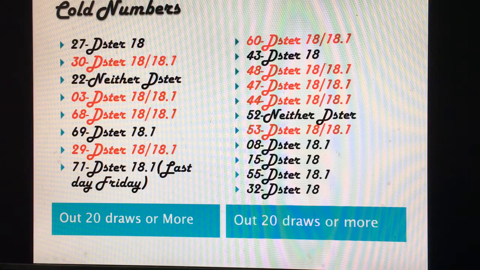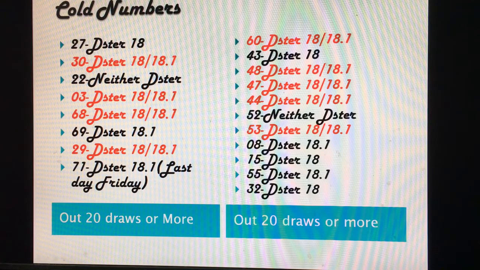After Friday, there will be no 71 ball. So 71 is only on Decker 18.1, I mean. And after Friday, that number, even though it can be a hot number, it doesn't matter. It's going to be out of that hot number, cold number list.